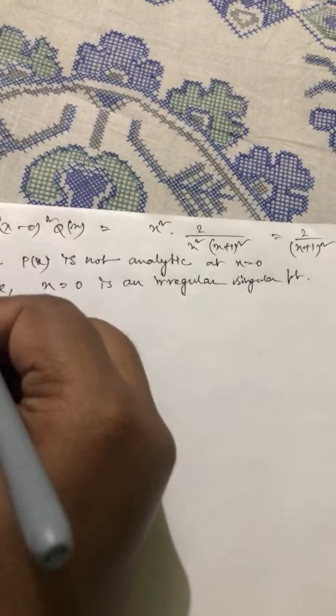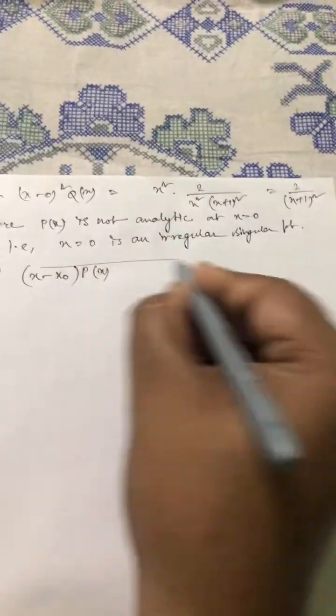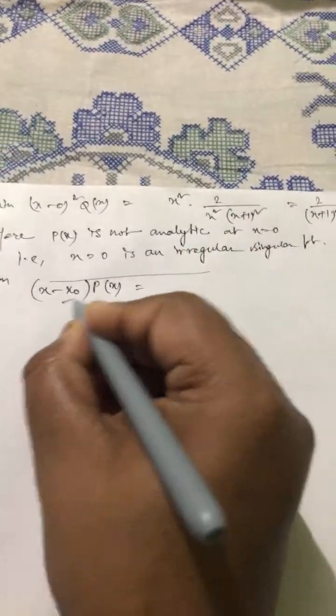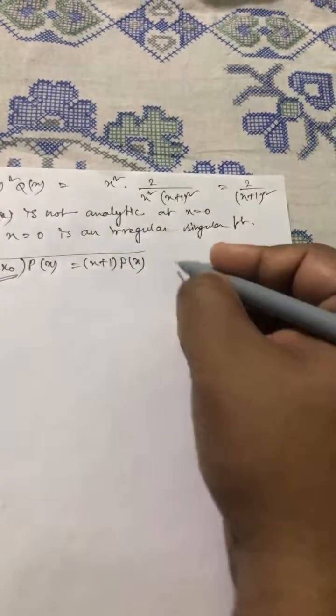Again, let us verify at the point x equal to minus 1. The criteria is x minus x naught into px. Here also you can make a header: we are testing at x equals to minus 1. So x naught is what? Minus 1. So this part will be reduced to x plus 1 into px.